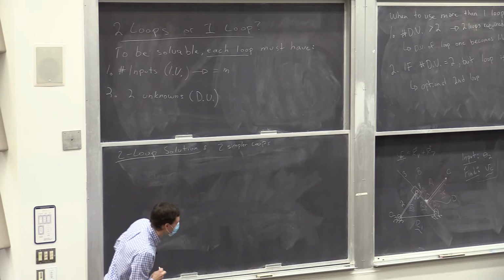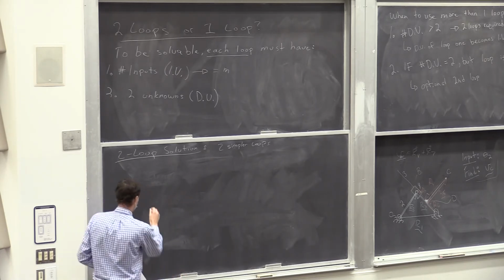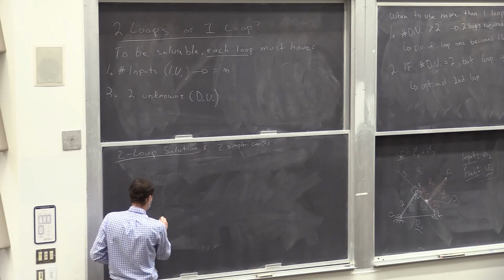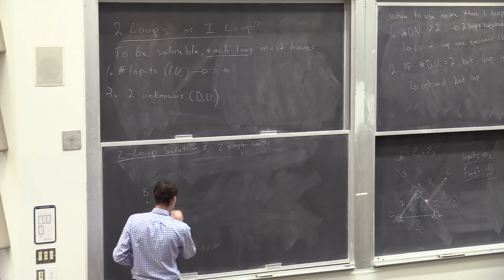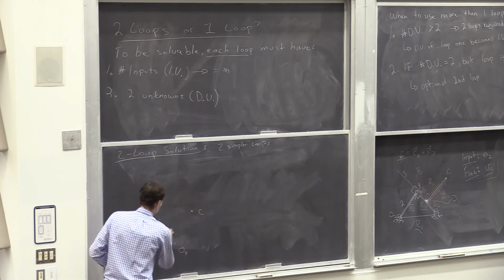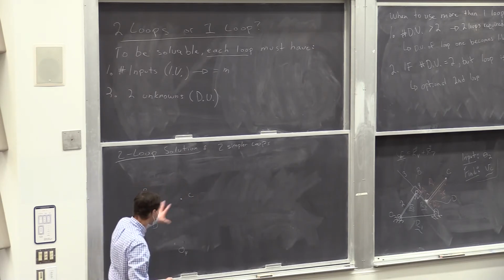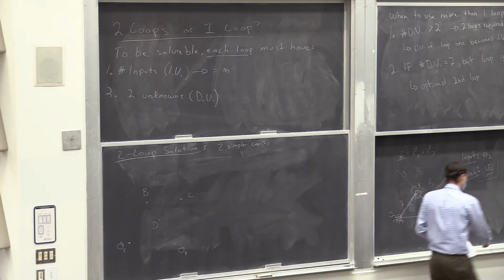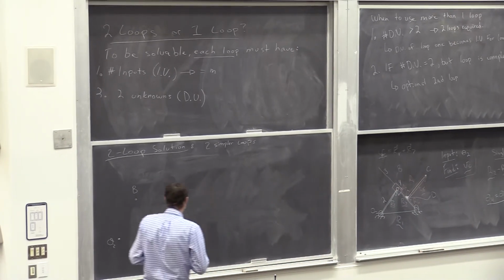Okay, so let me put my points. I'm not going to draw the whole mechanism here. O2, B, D, O4, and now here is C. Okay, so that's the key geometry of our mechanism. I'm just going to draw a new set of loops here. Let me use my 2 colors. So the first loop, let's make it as simple as possible. Let's just make it that base triangle.